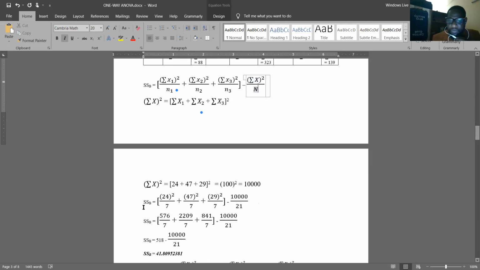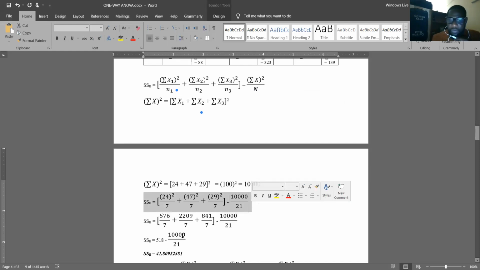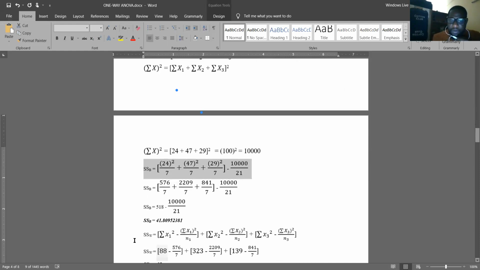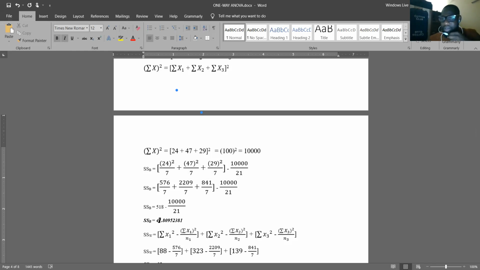After you've done these, then you solve. And when you solve, the final value that you have for SSB should be 41.80952381.